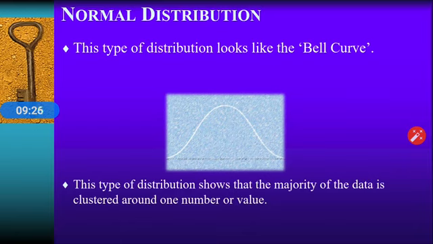The graph that you see on your screen is an example of what a normal distribution looks like. This type of distribution shows that the majority of the data is clustered around one number or value. Usually, if the data is normal, statistical tests called parametric tests are used.